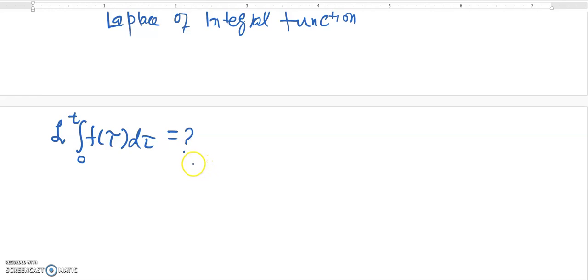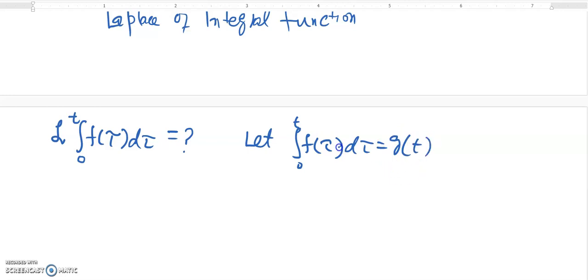In this case we say that the term in this integral, the integral from 0 to t of f of tau d tau, is equal to g of t. It is a function g, and not the original function itself.